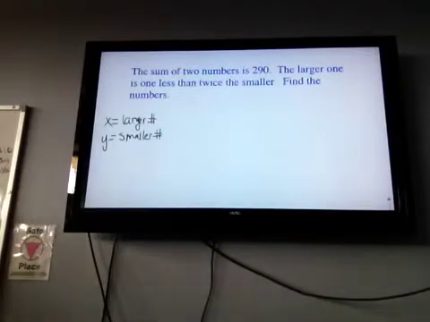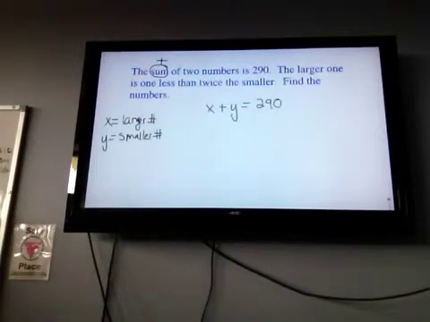The sum of two numbers is 290. There's my first equation. You have to know that sum means addition, so x plus y equals 290. The second equation is going to write itself as you read the second sentence.